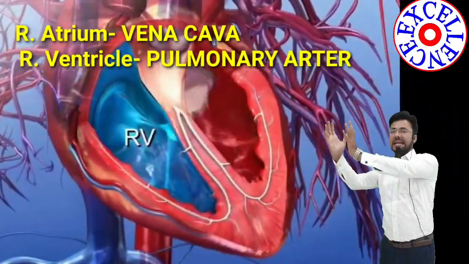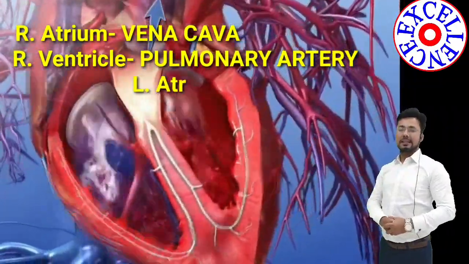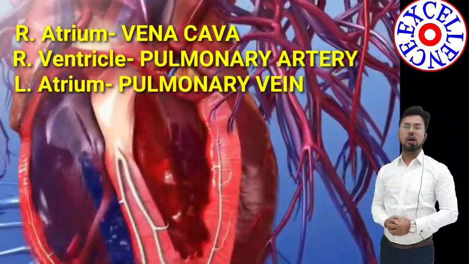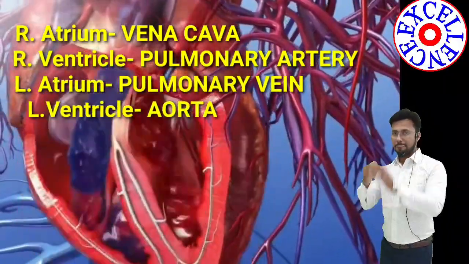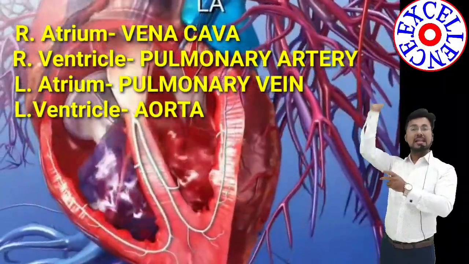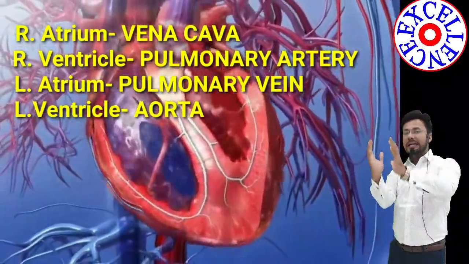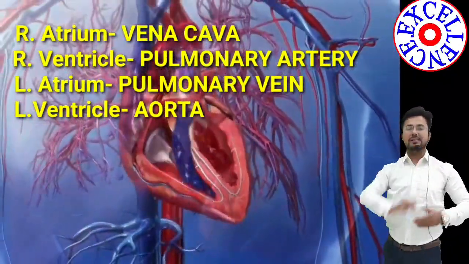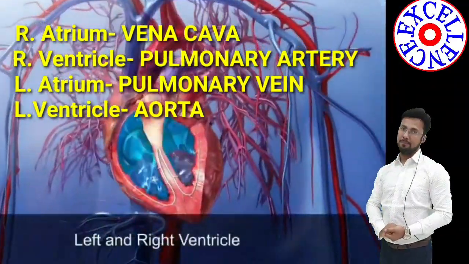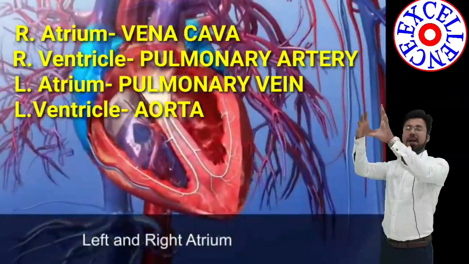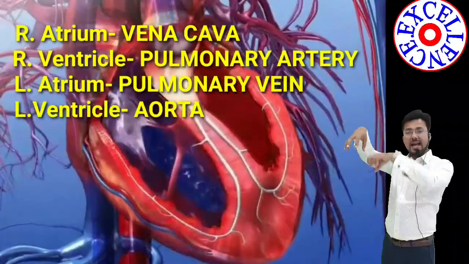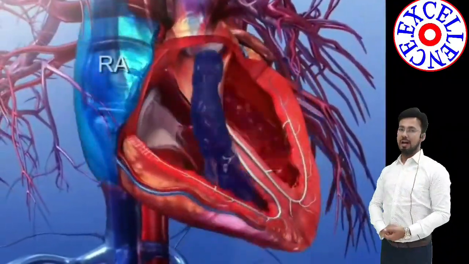The right ventricle has an outgoing blood vessel called pulmonary artery. Left atrium has an incoming blood vessel called pulmonary vein, and left ventricle has an outgoing blood vessel termed as aorta. So all these different blood vessels bring in the blood and take away the blood from the heart.